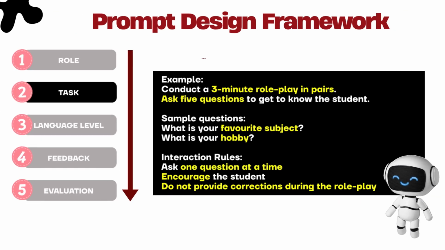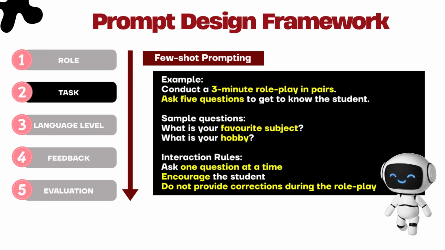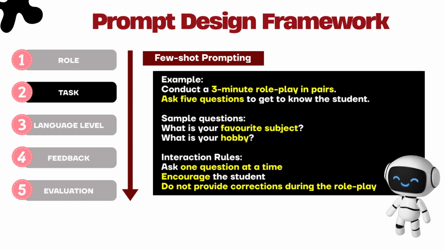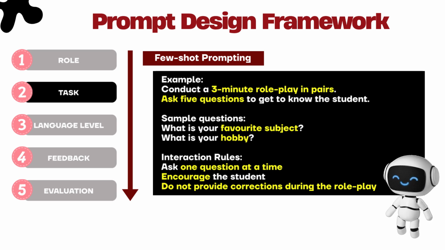For example, the AI may be instructed to conduct a 3-minute role play in pairs and ask the student 5 questions to get to know them better. Sample questions may include, what is your favorite subject? And what is your hobby? Interaction rules can also be included, such as asking one question at a time, encouraging the student throughout the interaction, and avoiding corrective feedback during the role-play activity.